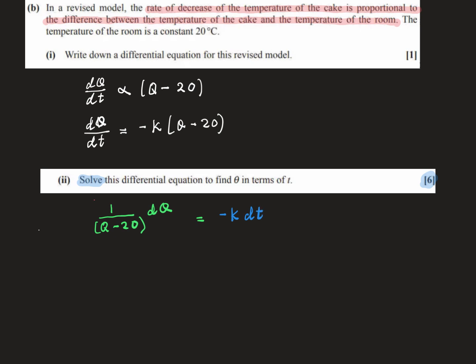Now I'll integrate this side and I'll integrate this side. And I should get ln, because that's what it'll be, |θ minus 20| is equal to minus kt.